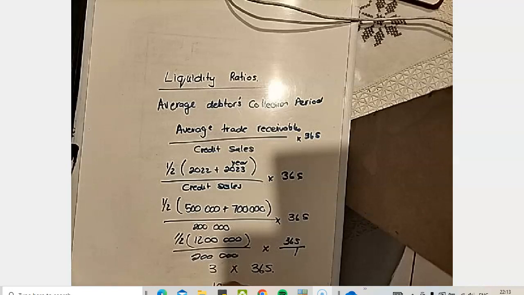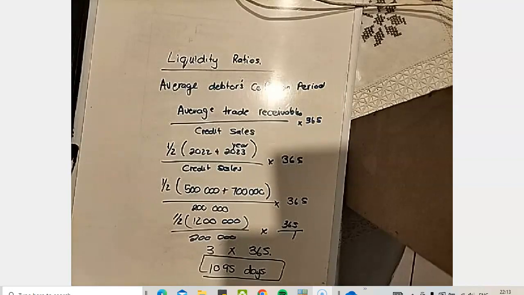You get 1095 days that you get for your debtors collection. So that is way too much. So you don't want that. You want 30 days. So it means that this company needs to make a huge adjustment to its debtors collection period.